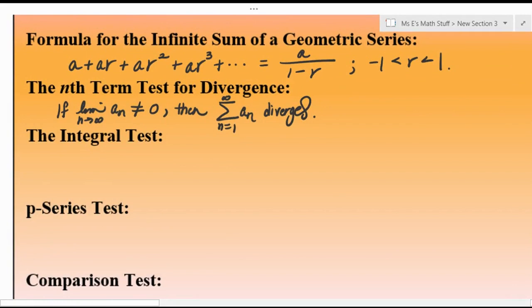Okay, let's see. What on earth was the integral test? There were 3 conditions.